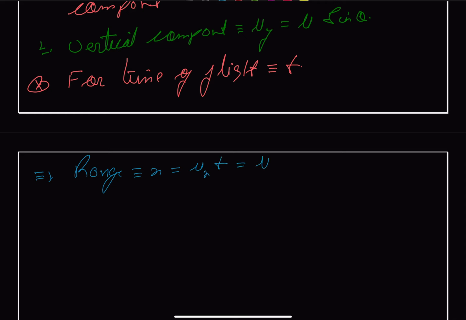So we get this as u cos theta multiplied by t. And the net vertical displacement is 0 in this case.